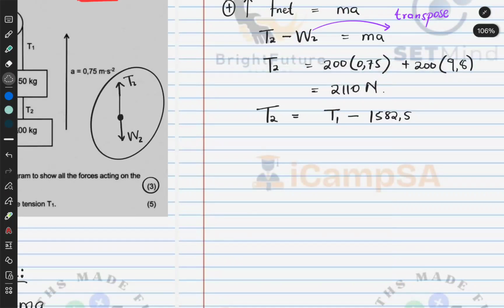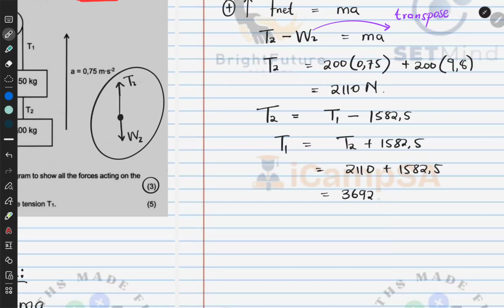So now we substitute our T2, and we will notice that T1 will simply be T2 plus 1582.5, therefore T1 is 3692.5 newtons.